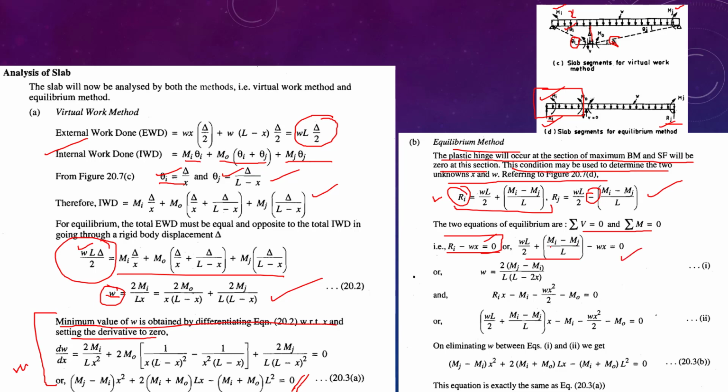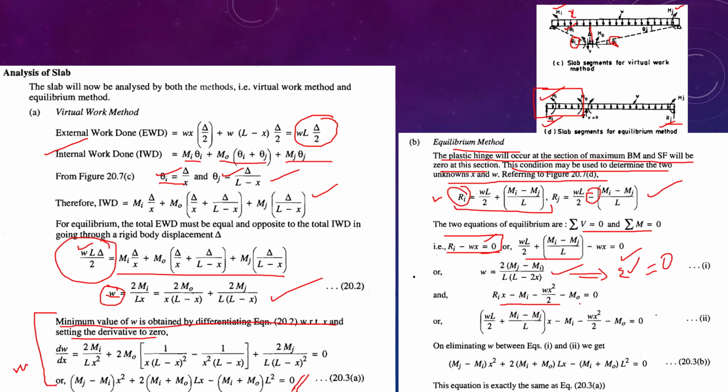Okay, so this is obtained by using the equation for Ri. Then from this equation, W is equal to 2 into Mj minus Mi by L into L minus 2x. This equation of W is from the sigma V equal to 0 equilibrium.